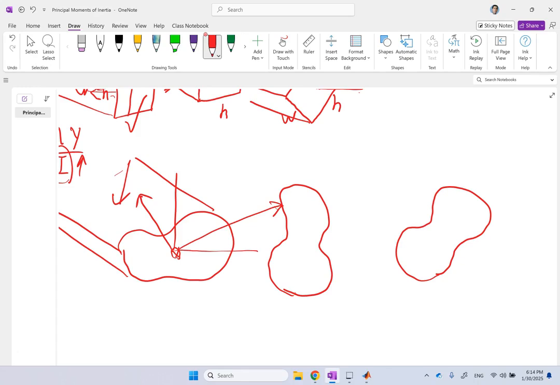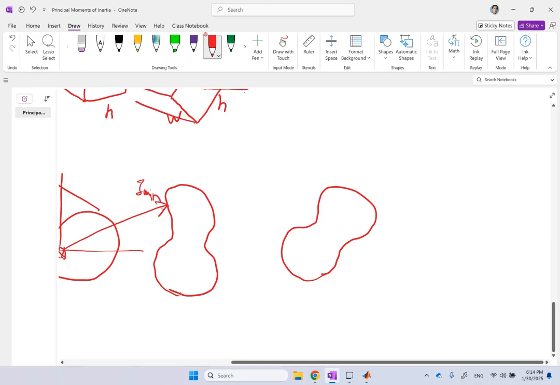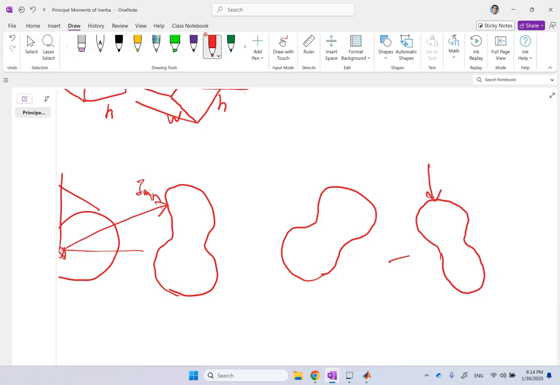And if you look at this, this is your I max. And this is your I min. So it's better to put it something like this under the load, because about this axis you are going to have the maximum I. It gives you the best direction to put the beam under the load.